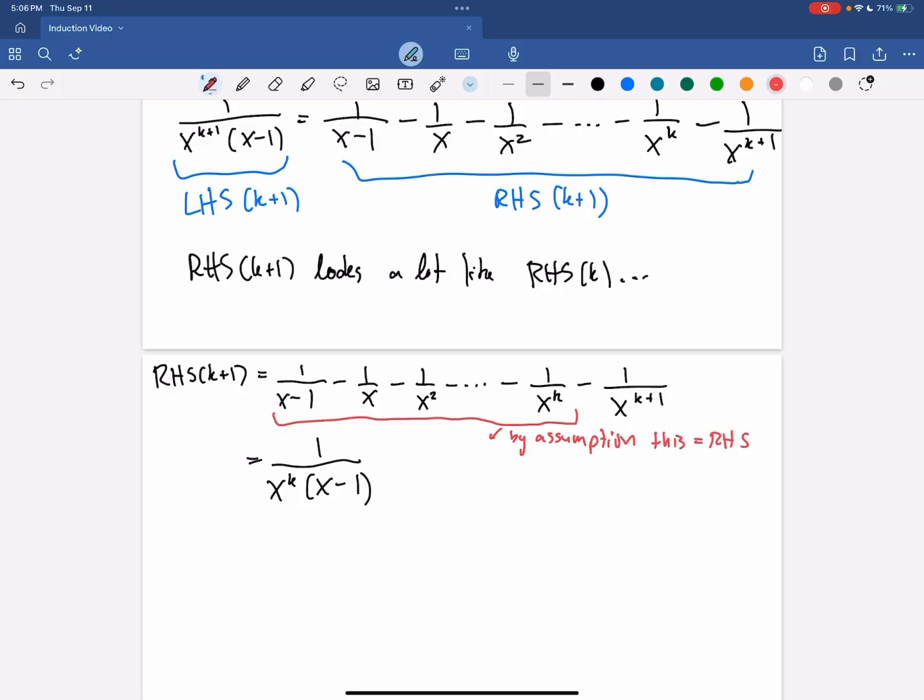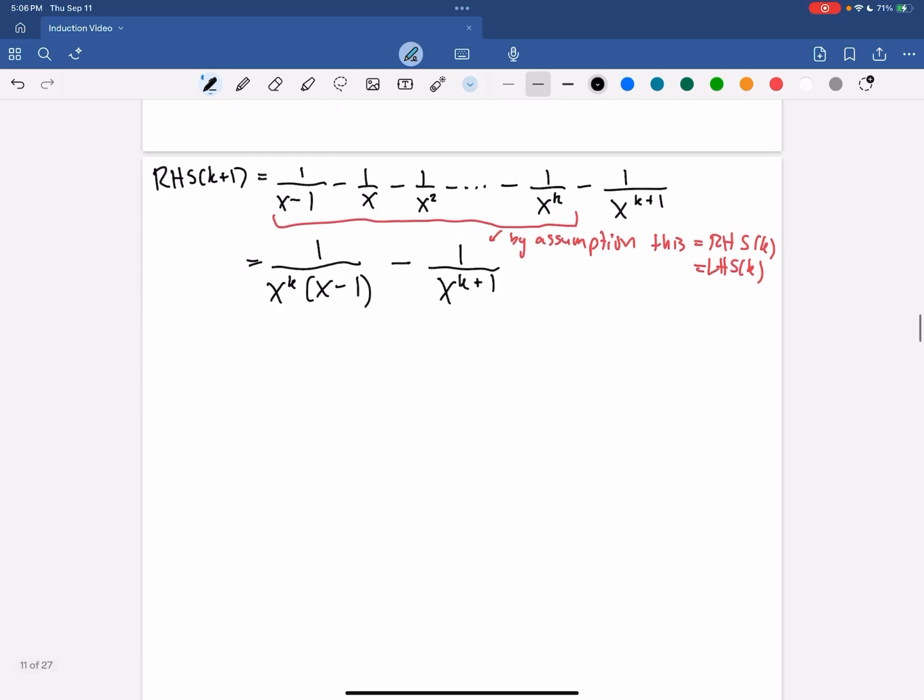So by assumption, this is equal to right-hand side k, which would be equal also to the left-hand side for k. That was the whole point of the inductive step, is that we assume that. And so we've now got 1 over x to the k times x minus 1 minus that extra term we didn't take care of, 1 over x to the k plus 1.